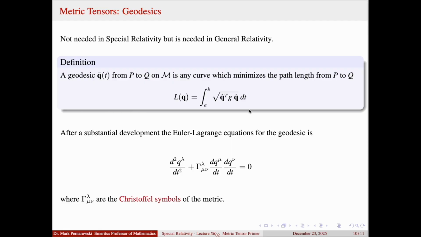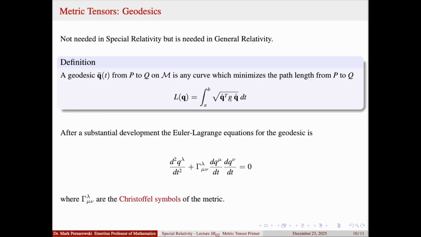Basically the problem goes like this: if I tell you a Q for parameterizing the surface, then I should be able to find the L for that Q, given I know the metric tensor. So the question becomes, of all the possible Q's, which one minimizes this length? The answer is called a geodesic. A geodesic is the curve of shortest length from one point to another on the surface for the given metric tensor.